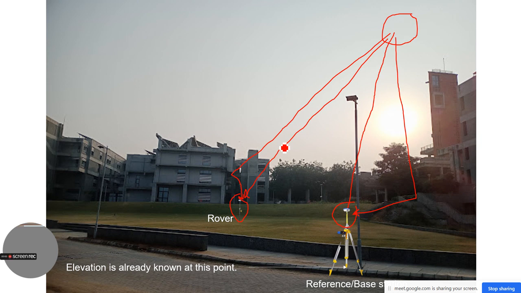Basically, NAVIC is an indigenous system, which is regional specific, whereas GPS is a global system. If you want to relate both of them, you go to any point where you know the actual location and measure the same thing with NAVIC and with GPS.